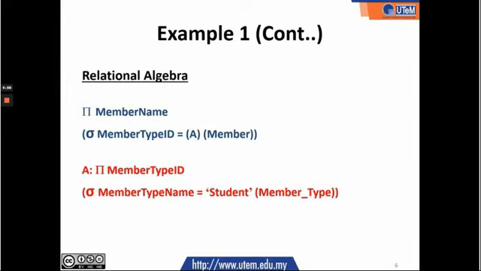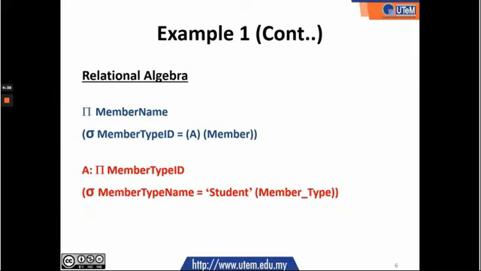Steps to construct nested queries in relational algebra. Step number 1, we need to include this statement, which is equivalent to select member name in our SQL statement. This is a projection symbol to display one or more columns. But for our query, for the first example, we want to display one column only, which is member name.